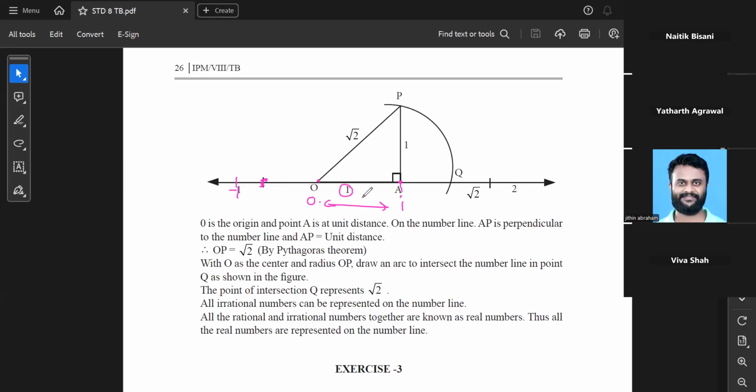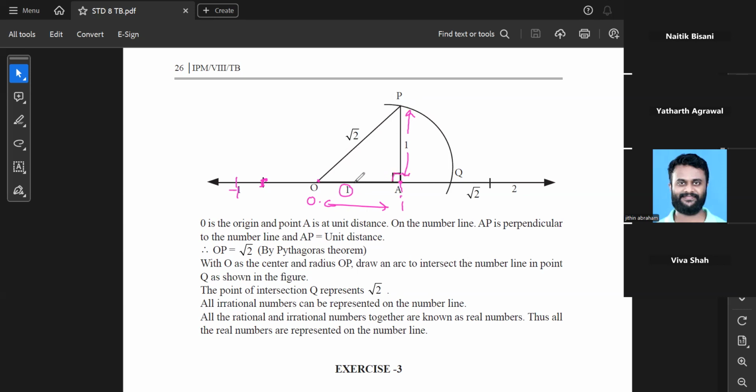Great. Now I'm drawing a perpendicular line vertically up at a distance of 1. मैंने scale लिया, 1 का distance मैंने mark किया. इतना clear है?